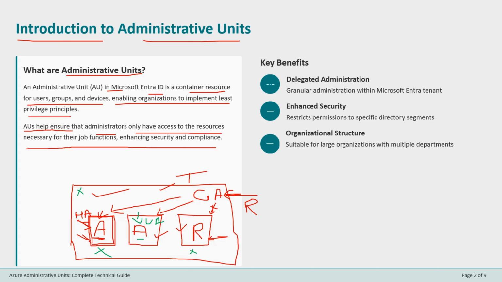You can add users, groups and devices here. For this particular container, they can edit or manage it. They can't find everything under the tenant. They can't manage other administrative units, only the particular administrative unit where you have given the roles. And if it is a restricted one, then even the GA, the global administrator of the tenant, cannot access this administrative unit.